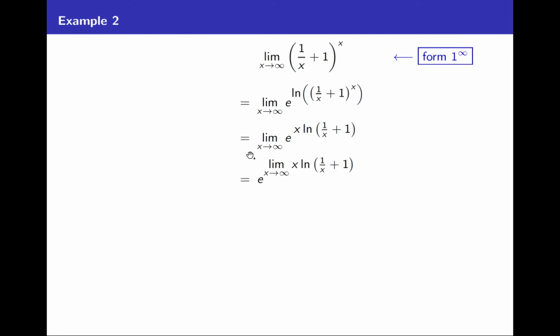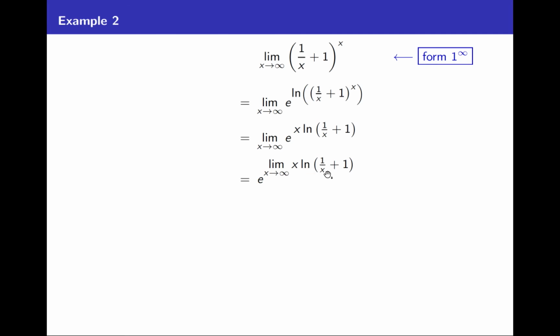Look at that limit in that exponent. x is going to infinity, and it's multiplied by ln of 1 over x plus 1, and as x goes to infinity, the 1 over x approaches 0, and that plus 1 is approaching 1. So this thing inside the ln is getting closer and closer to 1.